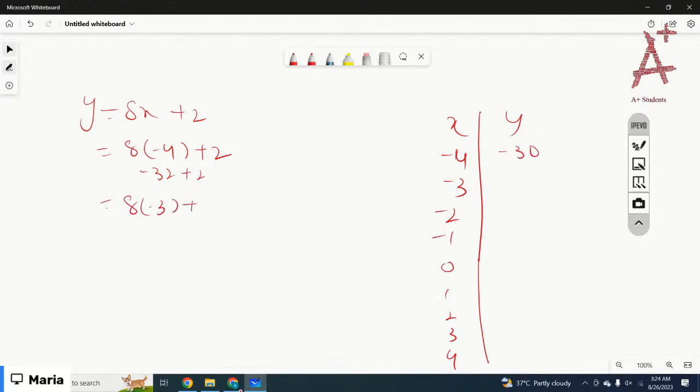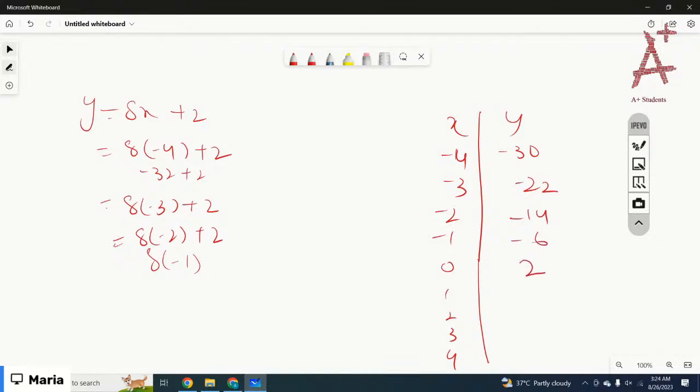8 times negative 3 plus 2. 8 times negative 3 is negative 24, plus 2, negative 22. 8 times negative 2 plus 2. Negative 16 plus 2, negative 14. 8 times negative 1, that is negative 6.